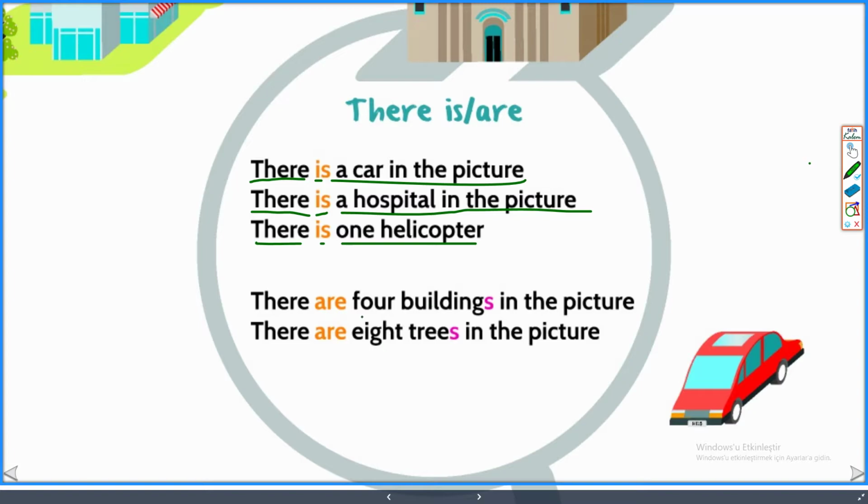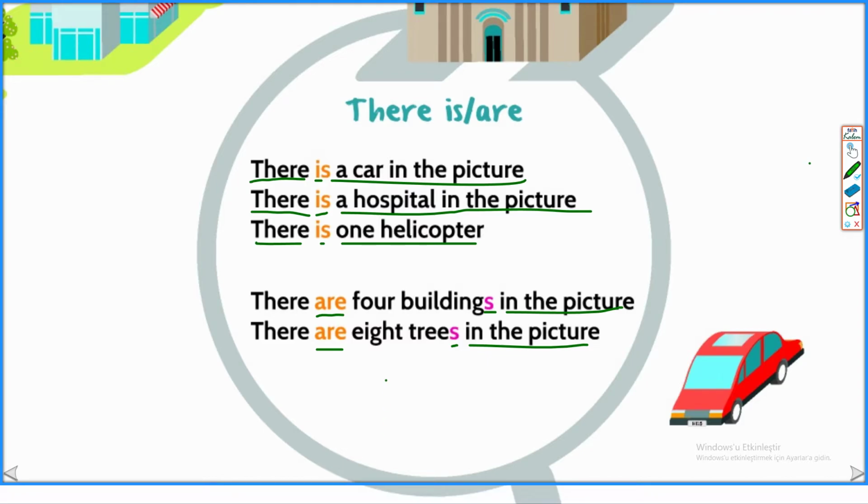There are 4 buildings in the picture, and there are 8 trees in the picture. As you see, we use is for singular, and are for plural, like he, she, it, and I, you, we, they.